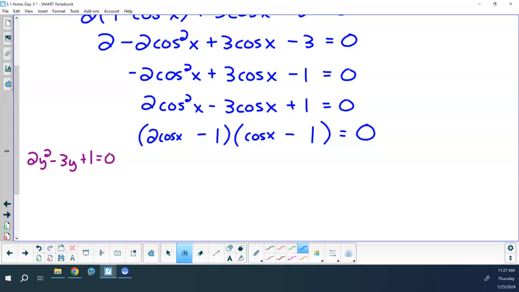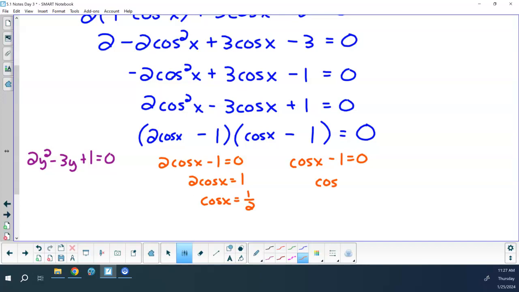Okay. So then we say 2 cosine of x minus 1 equals 0. So 2 cosine of x equals 1. So cosine of x equals 1/2. Then we say cosine of x minus 1 equals 0.